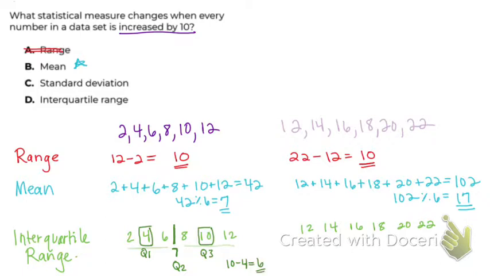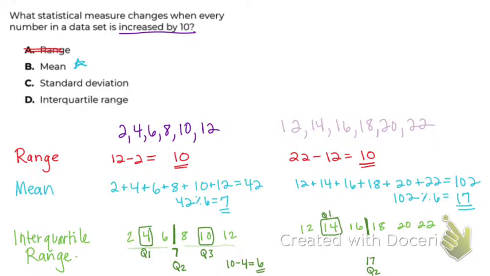Now let's do the same for our new set of data where we've added 10 to each number. Again, the middle is in between 16 and 18. It would be here at 17. So that represents quartile 2. And then you find the middle of the numbers below that quartile 2. This is our quartile 1.